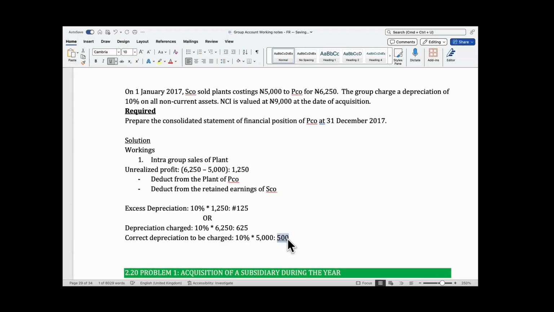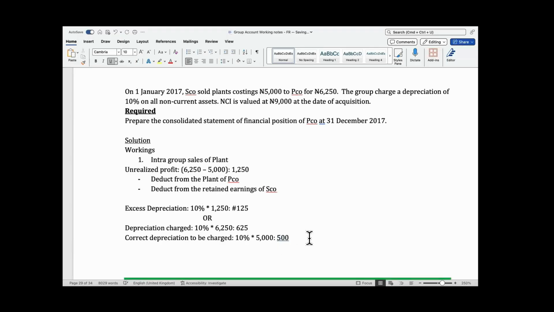So there's an excess depreciation of 625 minus 500, which is 125. I strongly recommend this in the exam. The excess depreciation will have been on the unrealized profit.